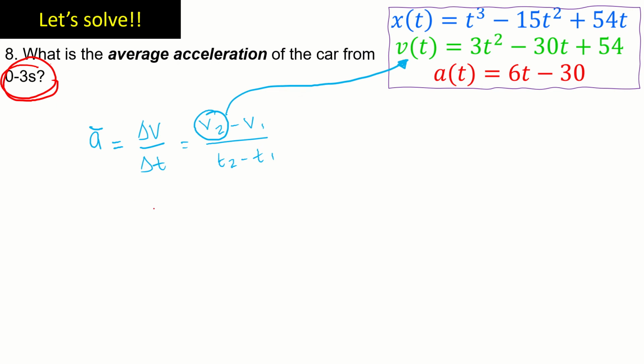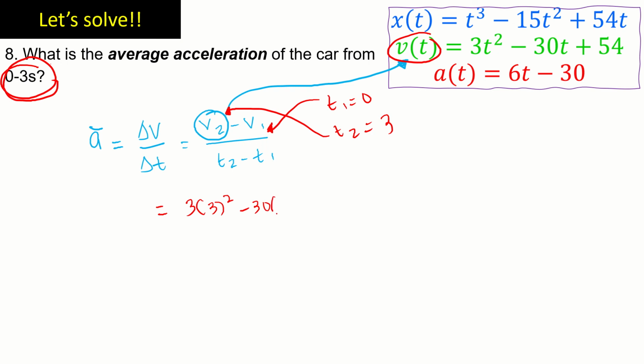So, let's first solve for the velocity. Remember that the velocity function is this one. So, ang mangyayari, v of t, so yung time natin, time 1 is 0, time 2 is 3. Okay? So, 3 yung lalagay natin dito sa loob, 0 naman yung lalagay natin dito sa loob. So, this is 3 times 3 squared minus 30 times 3 plus 54.